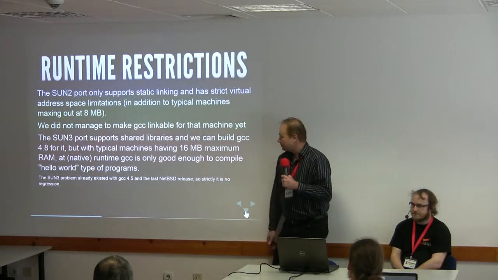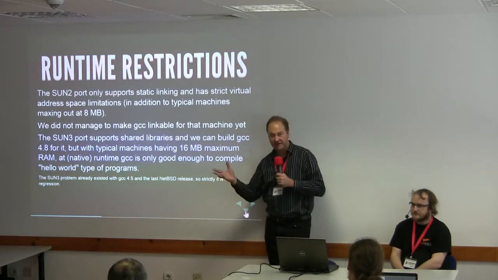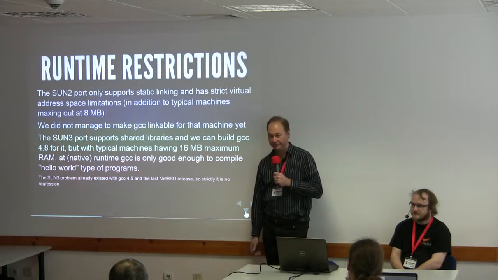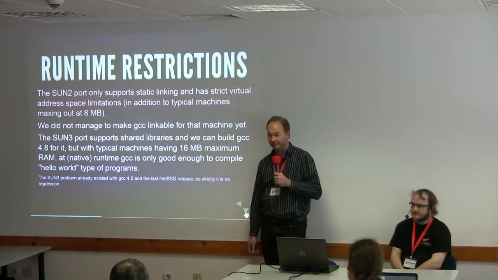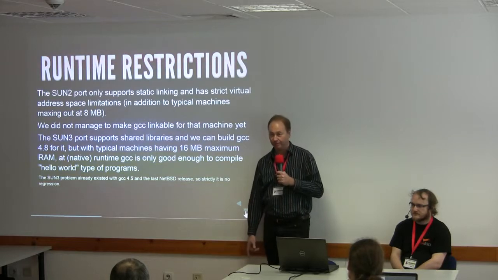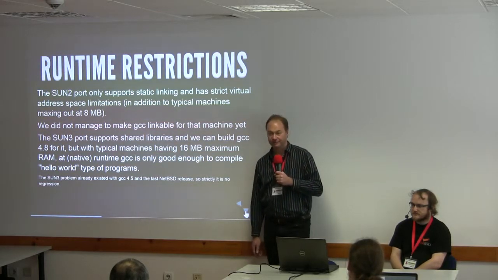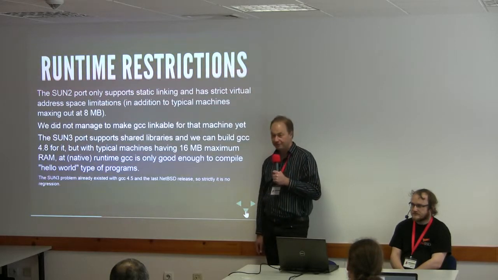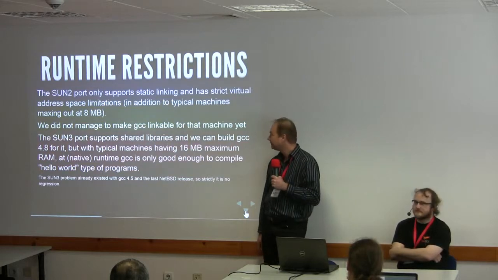The other thing I already mentioned is the Sun 2 port. Sun 2 machines have like 8 megabytes of RAM. They have a Motorola 68K processor, but less than the 68020. So there are strict limitations. They cannot run shared libraries, at least with any of the tools we have.